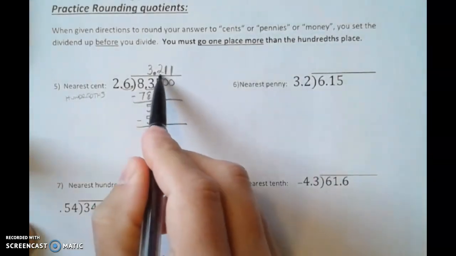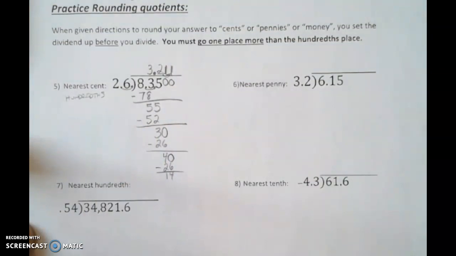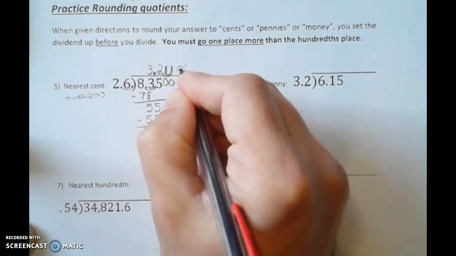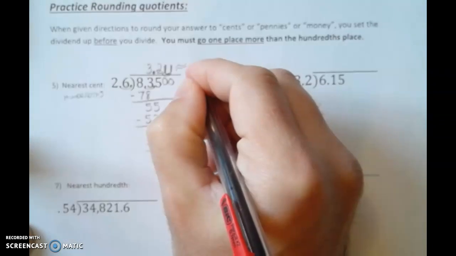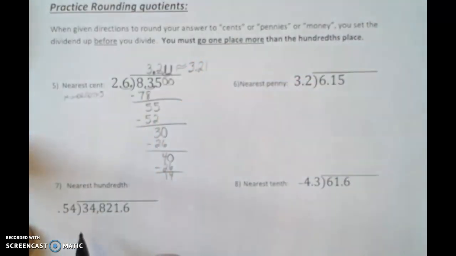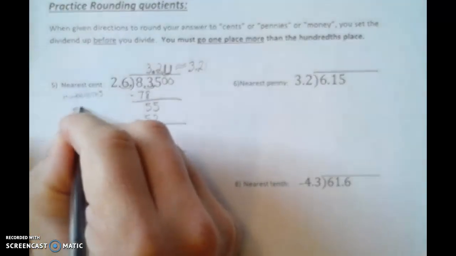Well, that's like 21 hundredths. And when I look at the thousandths place, this is only a 1, which is going to round us down. So I'm going to use the approximate symbol, which is kind of like a squiggly equal sign like that. This number is approximately 3 and 21 hundredths. So again, if we're thinking about this to the nearest cent, that's like $3.21.